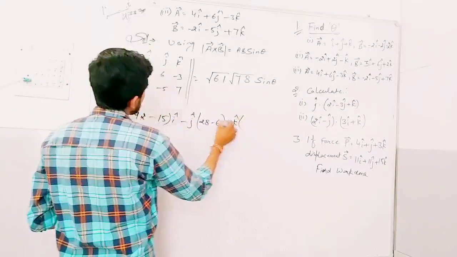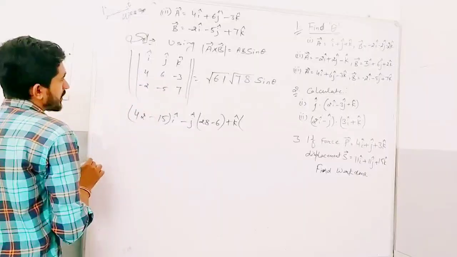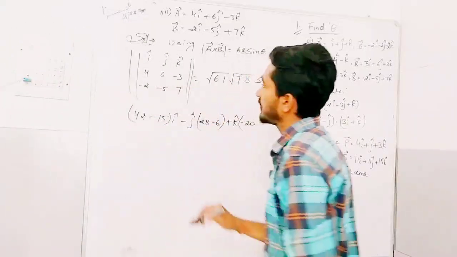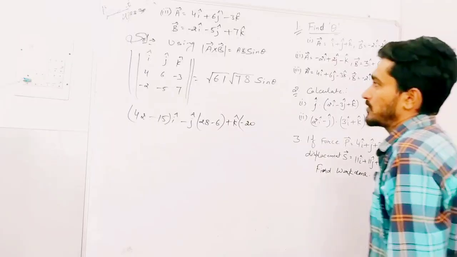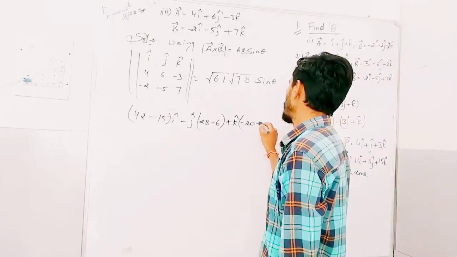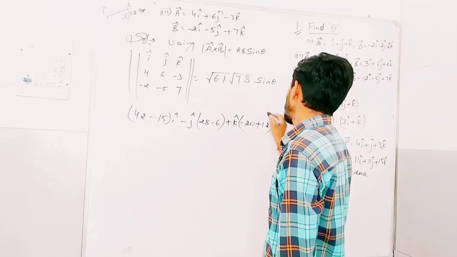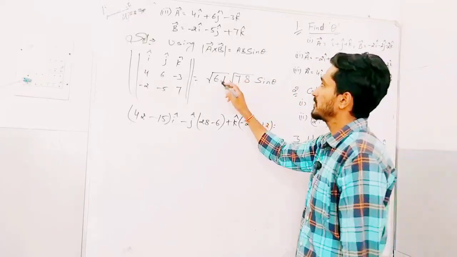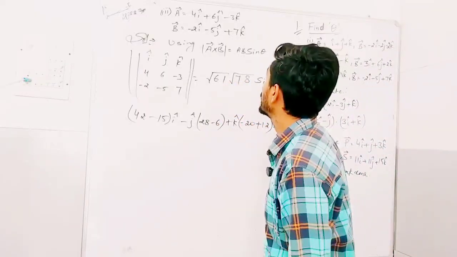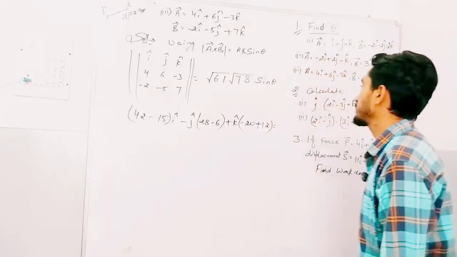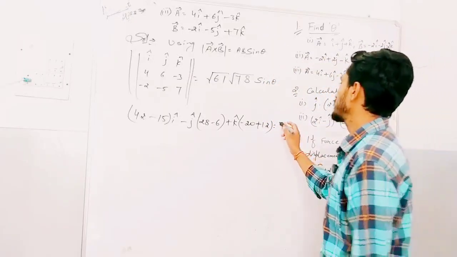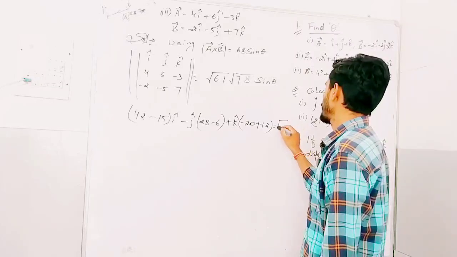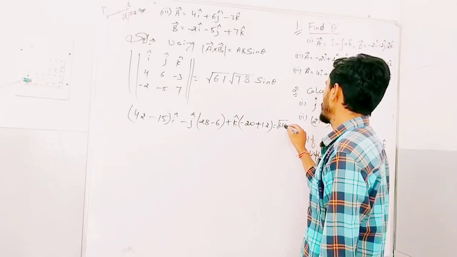What does k cap give? Minus 20 and then minus of minus 12 plus 12. What does this give? 13 into 6 and this is 61. Yes, this is 61. Take it as it is, under root 61 into 78 sin theta.